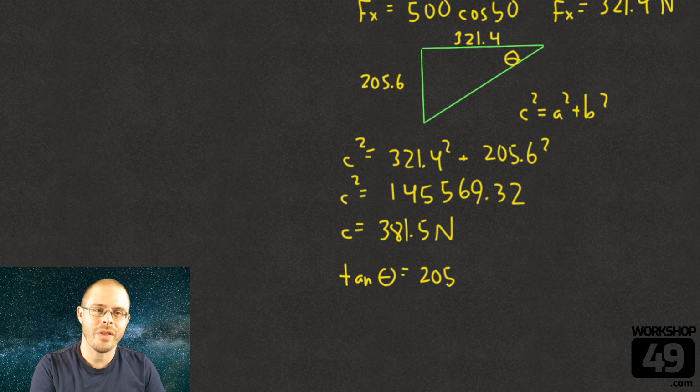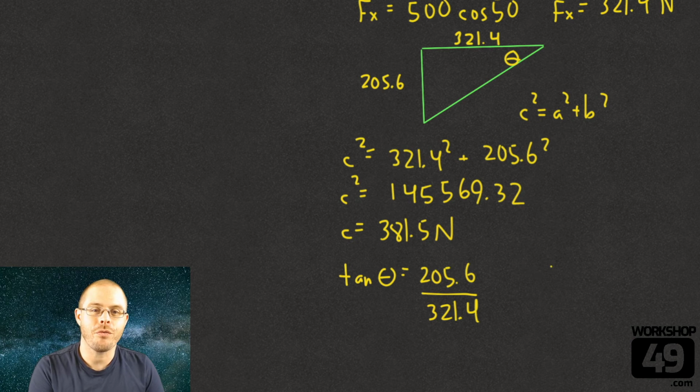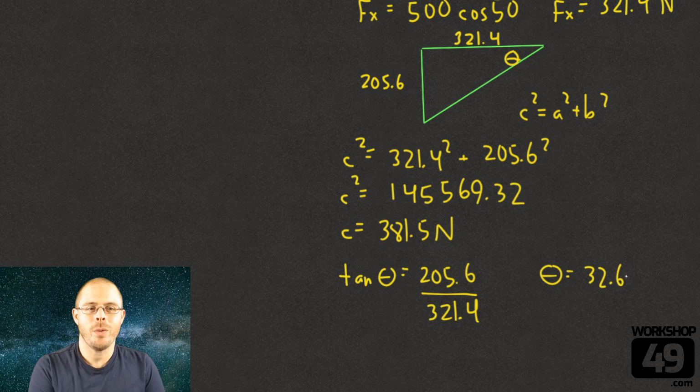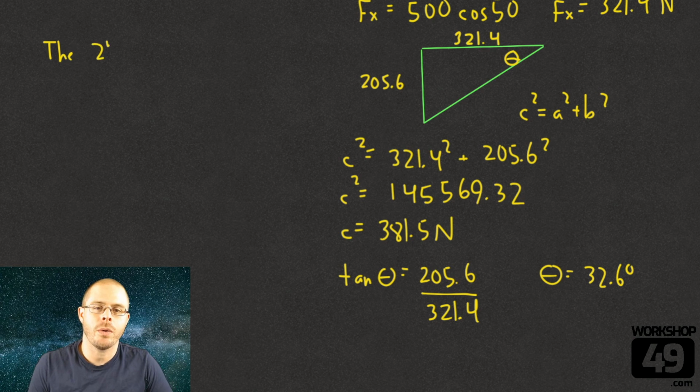We're going to use tan of theta is equal to our opposite, 205.6, divided by our adjacent side, 321.4. We do the inverse tan in our calculator, and we get that theta equals 32.6 degrees. We don't have to convert that into a standard angle because it's just our angle of depression. It's the angle that our rope is hanging down.